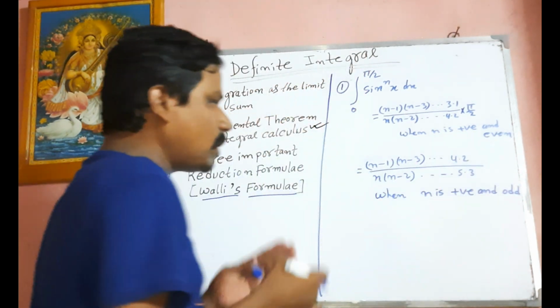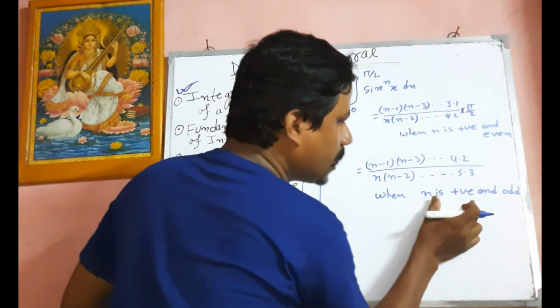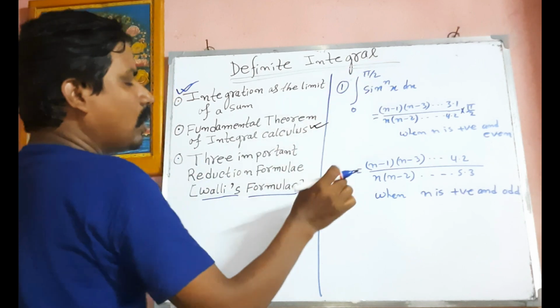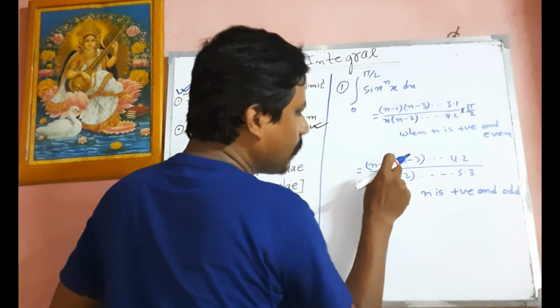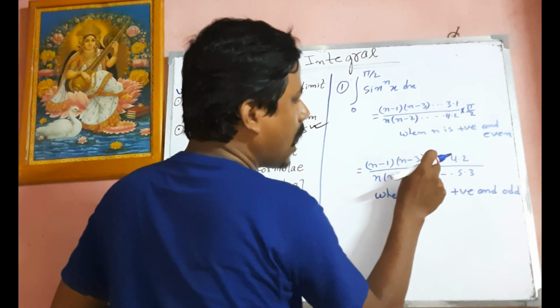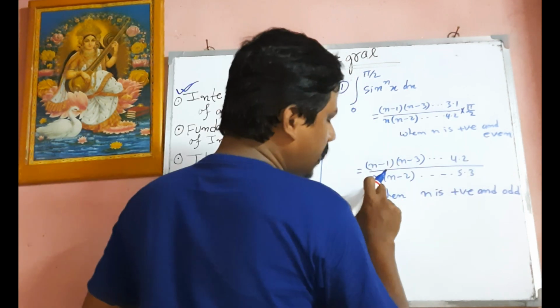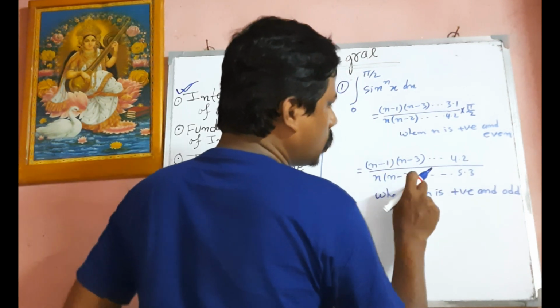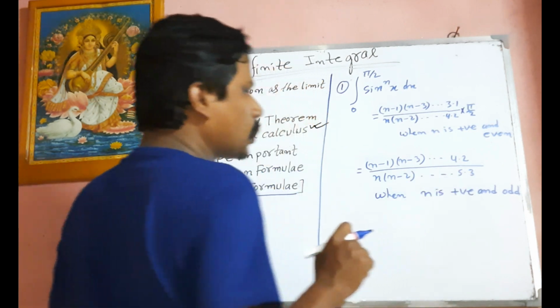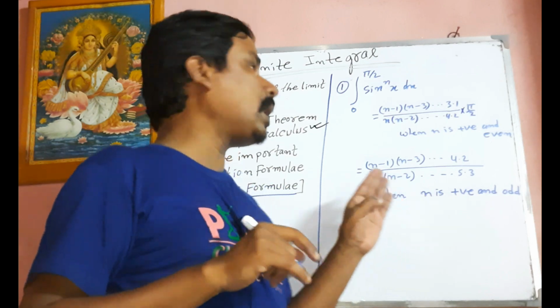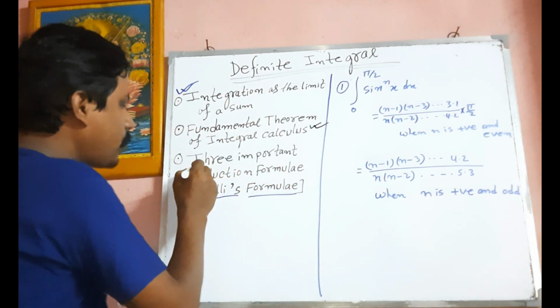Similarly, when n is positive and odd, this will be (n minus 1)(n minus 3) dot dot dot 4 into 2 divided by n(n minus 2) dot dot dot 5 into 3. So these are the first formula among the three.